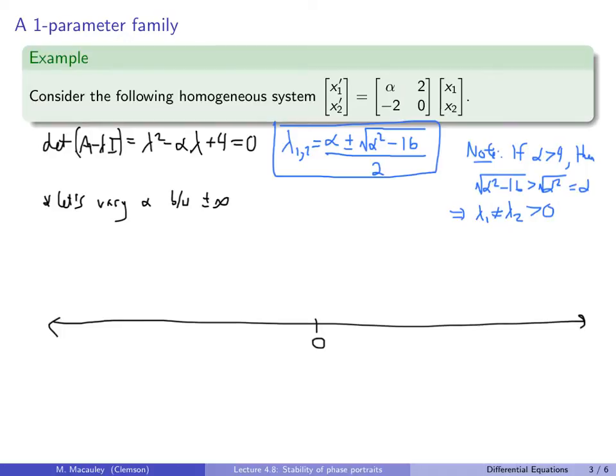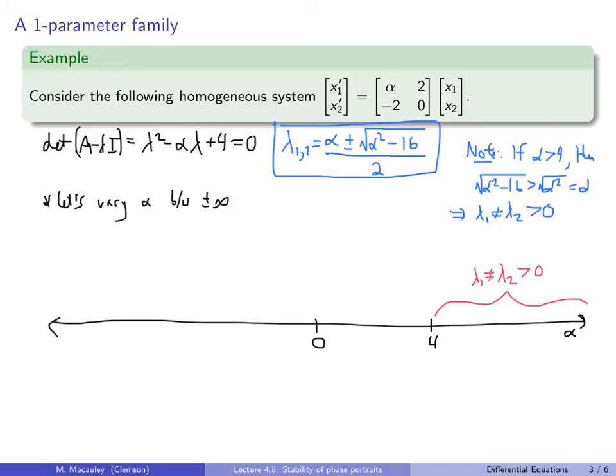So let's draw a 4 up here. So when alpha is greater than 4, in this range, lambda 1 and lambda 2 are distinct positive roots.